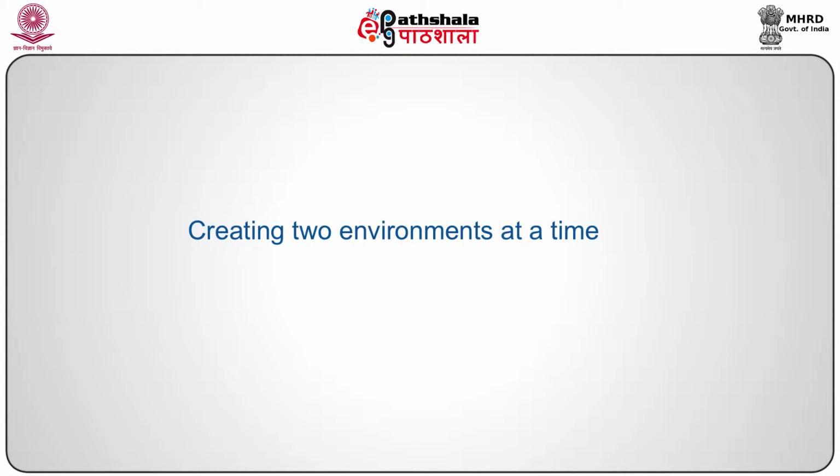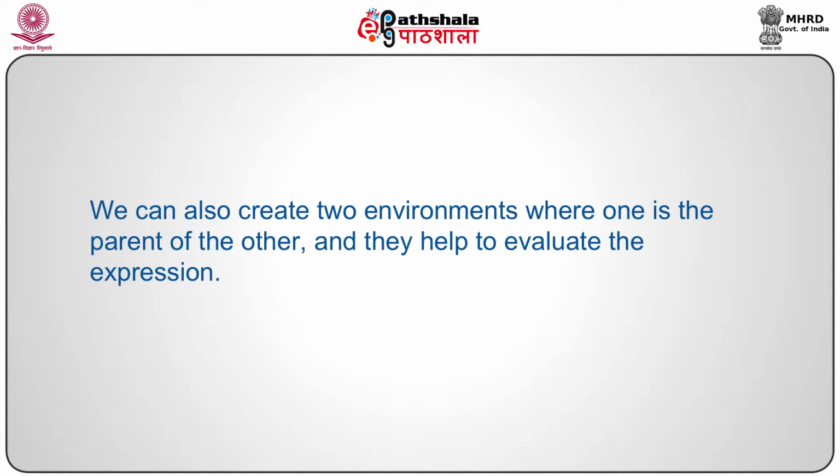In this module, we are continuing the discussion that we initiated in the previous module. In the previous module, we considered only one environment at a time. But here, let's see what will happen if we consider two or even more environments simultaneously. So, the thing is how to create two environments at a time.